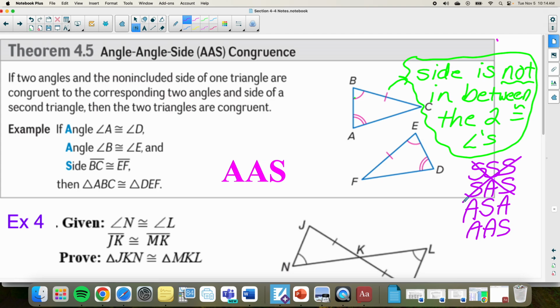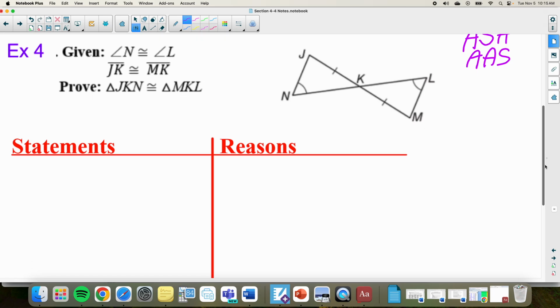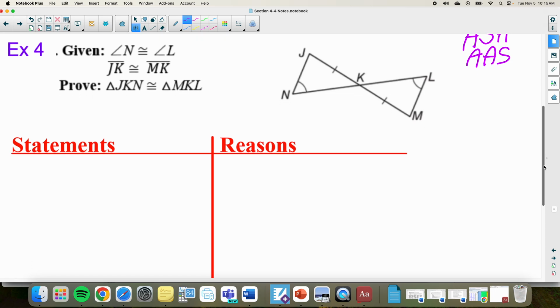These have two angles and a side, so you have a 50-50 chance of guessing it right. Know that for angle side angle, the side has to be in between the two angles. If the side is not in between the two angles, then it's angle, angle, side. Okay? So we are going to go ahead and try one of these.